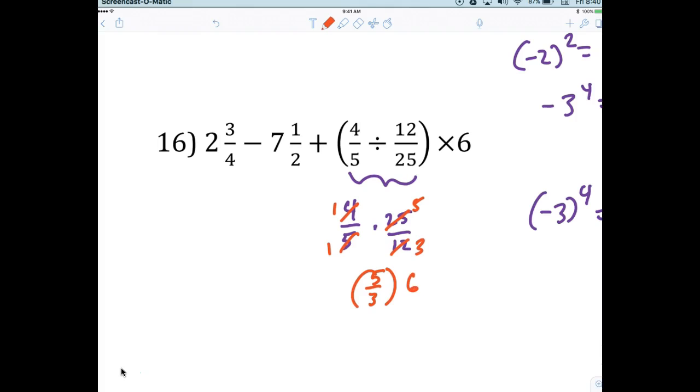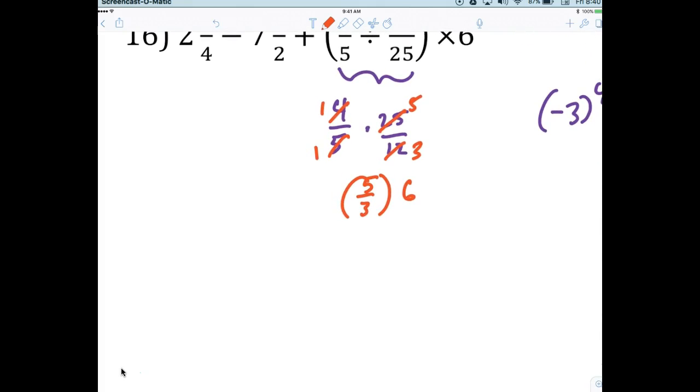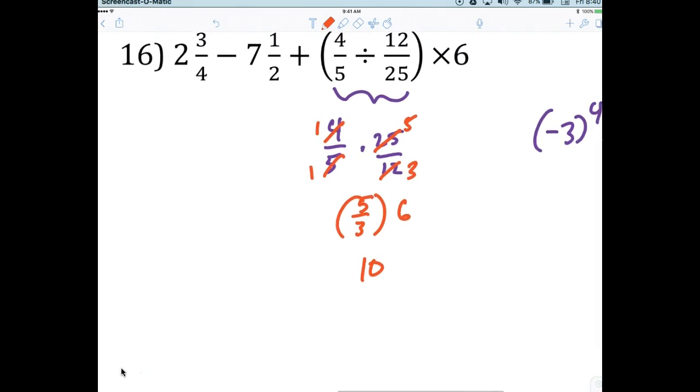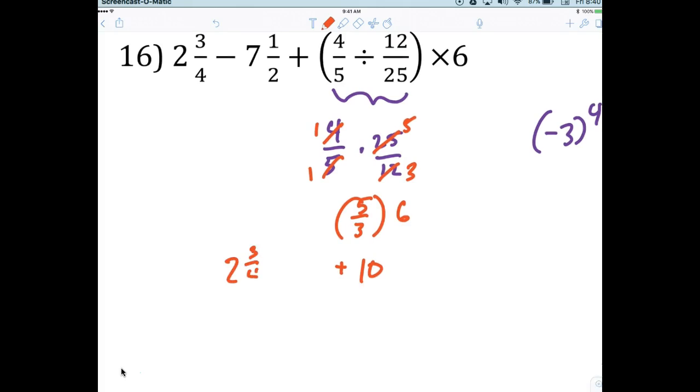Is everybody okay with that? And what's 5/3 times 6? 10. Beautiful. That's exactly right. That's 10. Now I have a plus here. Now, I'm just going to bring these down just so you can see, and this is how I would kind of want you to do your fractions.